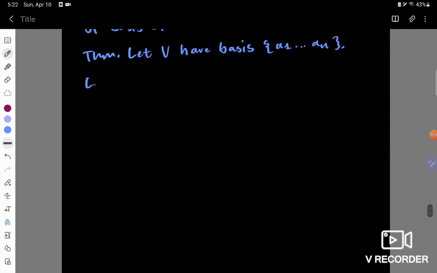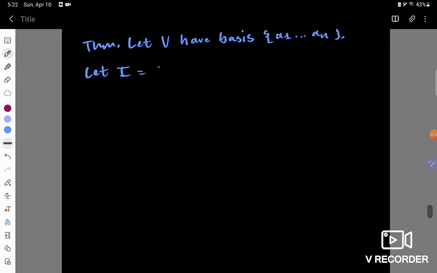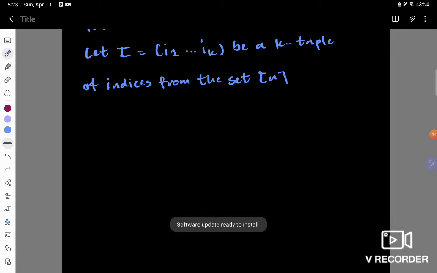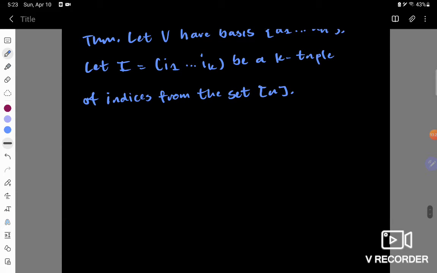So then we let, as above, I equals I sub 1 through I sub k be a k-tuple of indices from the index set, the set which we denoted as bracket n, or just all the integers from 1 through n, right? So it's a k-tuple of indices.